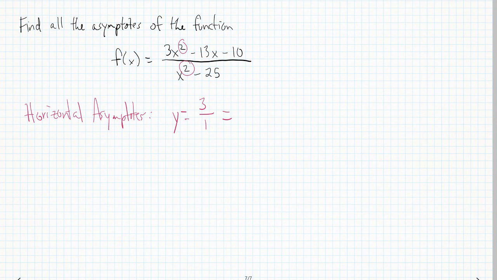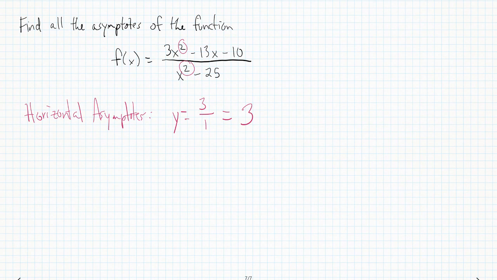Now the other cases, if the degree of the numerator is greater than the degree of the denominator, you have no horizontal asymptote. And if the degree of the denominator is greater than the degree of the numerator, then you have a horizontal asymptote at y equals 0. But since these match, you have a horizontal asymptote at y equals 3.